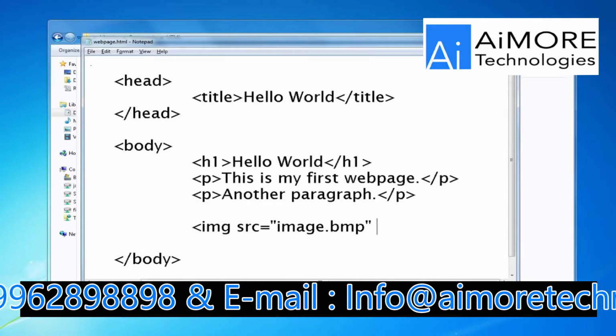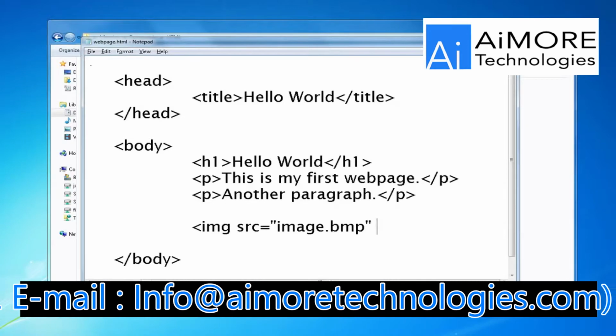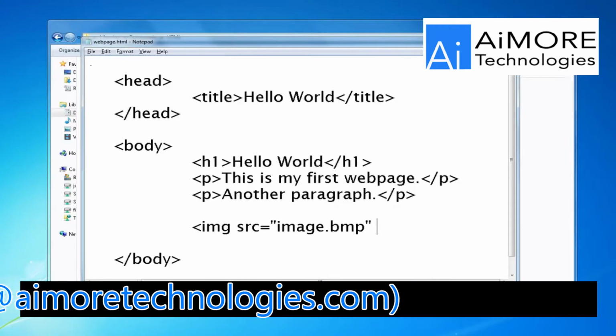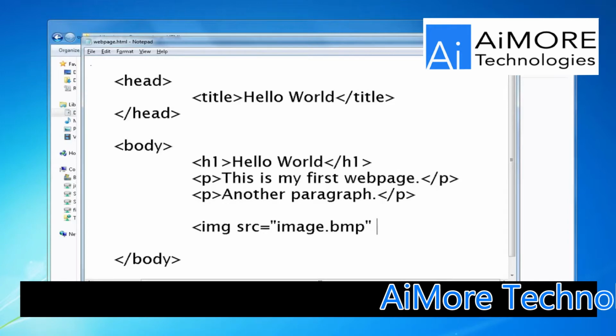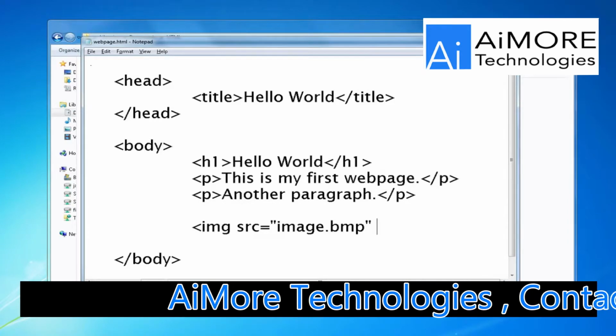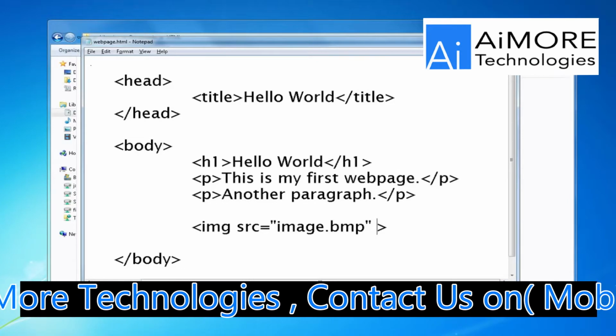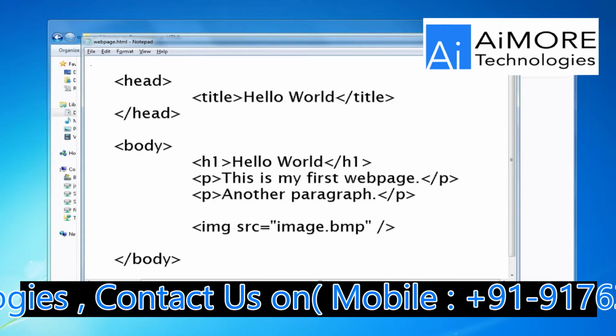So the image tag doesn't actually have a closing tag, because if you think about it, we define everything about the image within the tag itself. So if we opened and closed the tag, there's nothing to go inside. So we can't just leave it like that. So it's a self-closing tag.